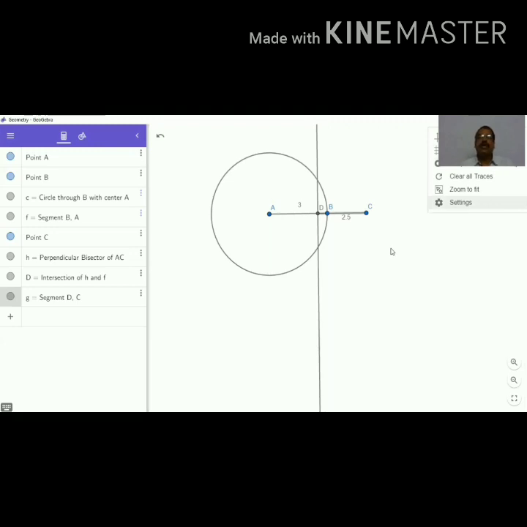So we got 2.5 centimeters. So second step completed, we draw the perpendicular bisector of AC.